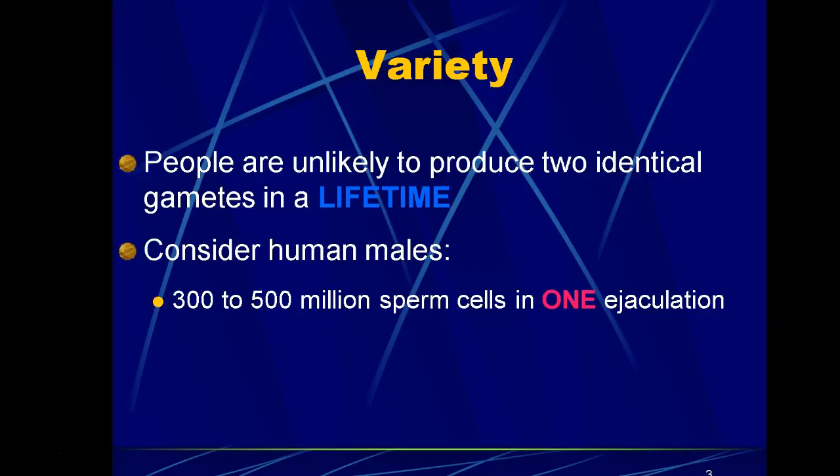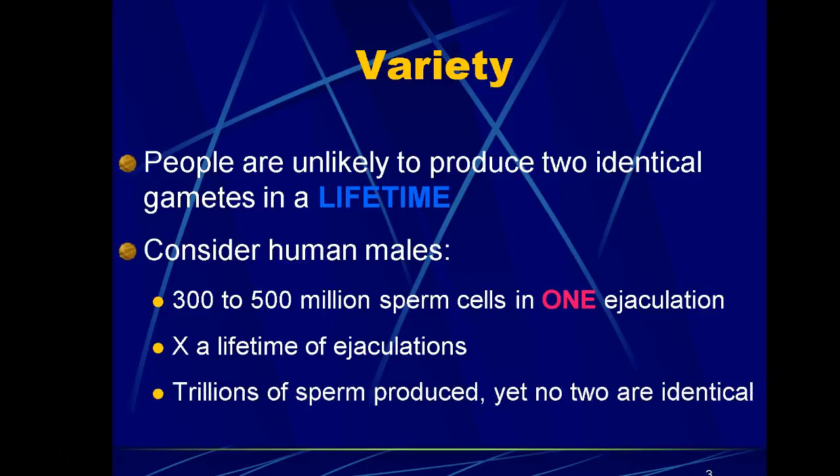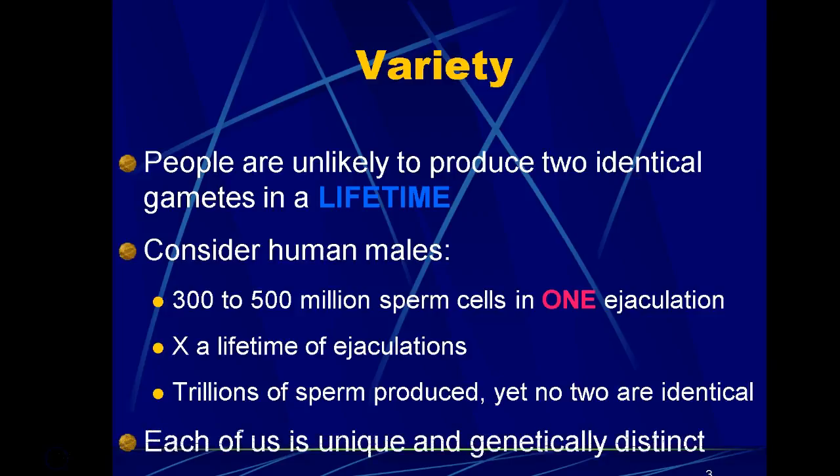Now, if we multiply that by a lifetime of ejaculations, we would have trillions of sperm produced, yet it is highly unlikely that 2 of them produced over that lifetime are identical. So the question is, why? What is going on in meiosis that makes the cells being produced different? What's happening in meiosis that didn't happen in mitosis that's producing these different daughter cells?